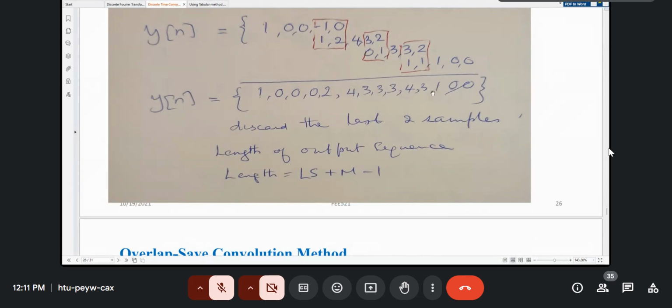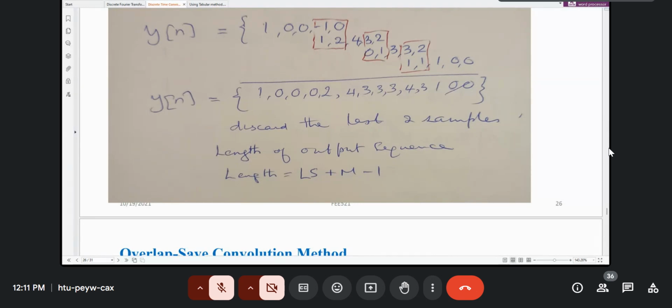Because at the end of the day, the output of a system given a certain input is simply the linear convolution of that input with the impulse response.